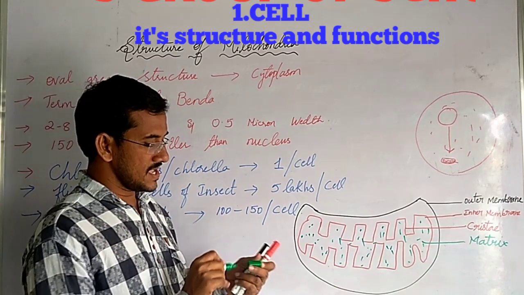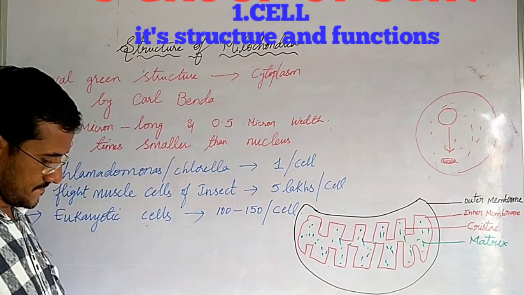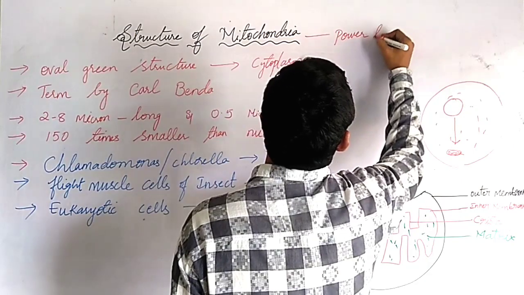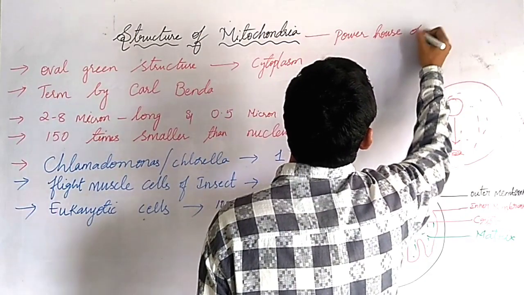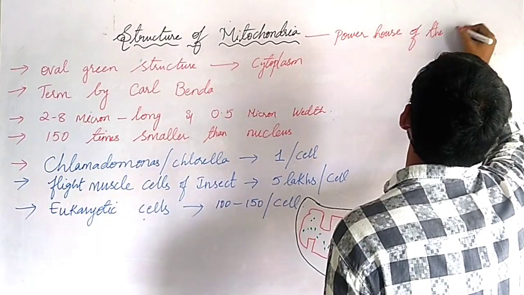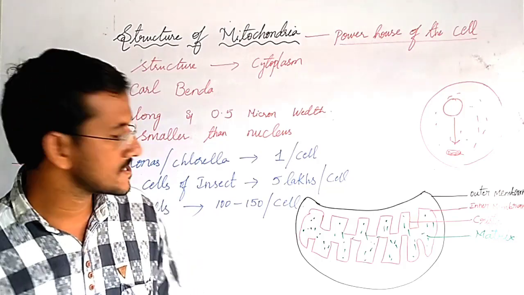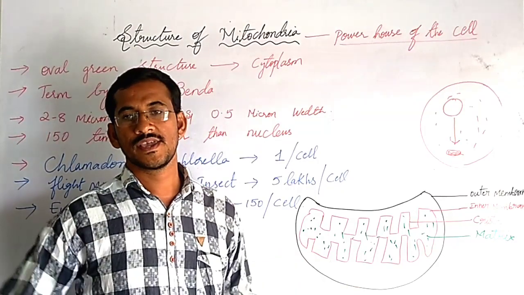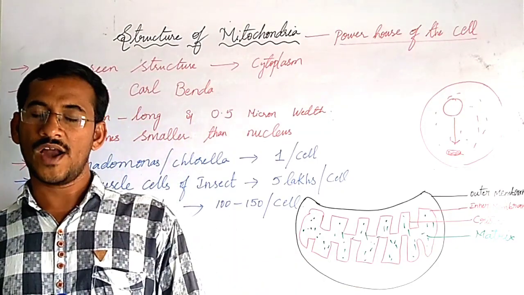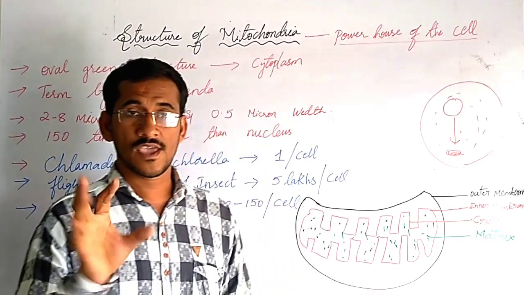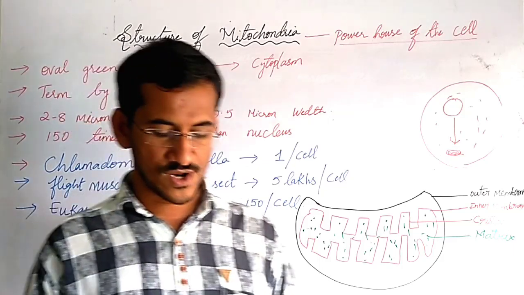Now, what is the use of this mitochondria? See, mitochondria are the powerhouse of the cell. Why are they called the powerhouse of the cell? Because they participate in cellular respiration. What is respiration? See, when you are eating food, that food contains glucose.